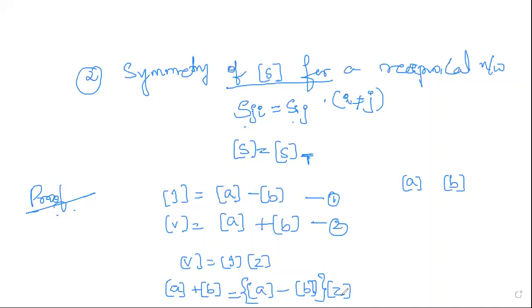A represents the incident voltage at the ith port, B represents the reflected voltage from the ith port, and Z represents the characteristic impedance. Now write the first equation, V is equal to I into Z, and substitute A plus B equal to A minus B into Z.